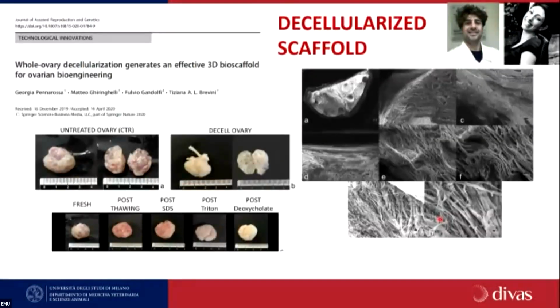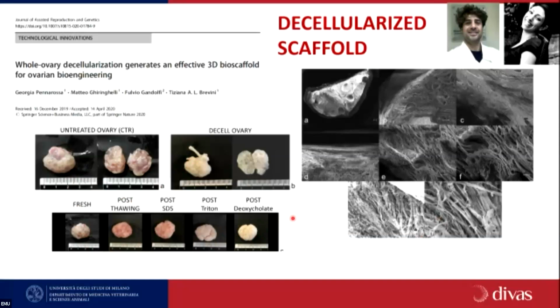And here, this is the work by Matteo Ghiringhelli, who was a PhD student in my lab and is now engaged in a postdoc in Israel, together with Georgia. And they managed to completely decellularize ovaries of different species. And of course, in our project, the idea was to create an artificial ovary.